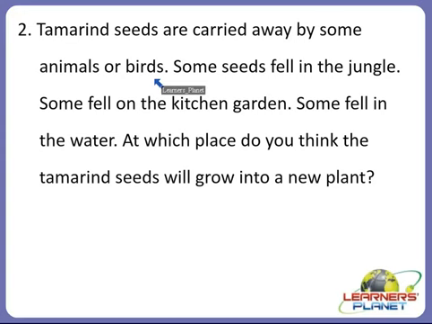Right? So children, is this clear to you that dispersal has now taken place? But now we have to see whether all the conditions are fulfilled for these seeds to grow. Yes children, what can be the possible answer, children?